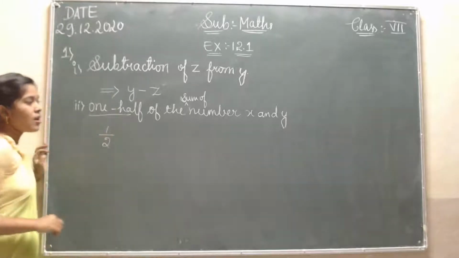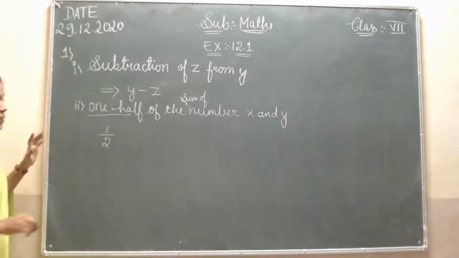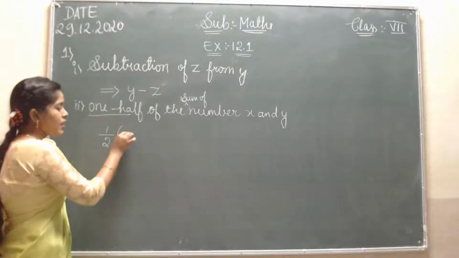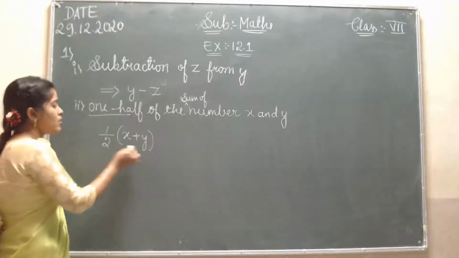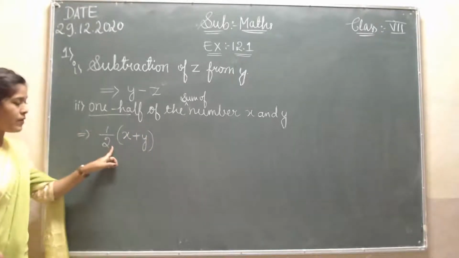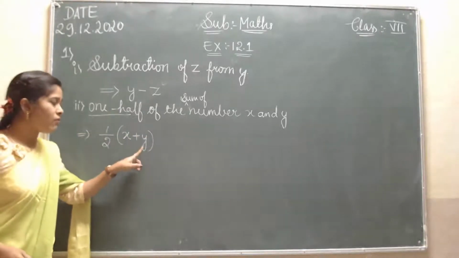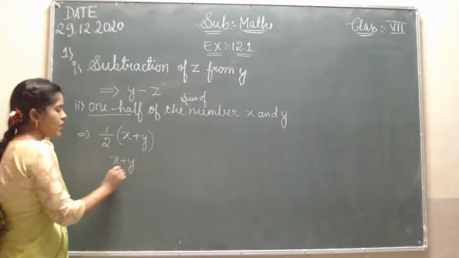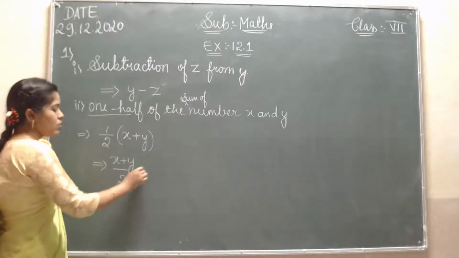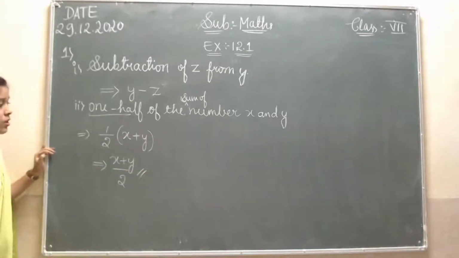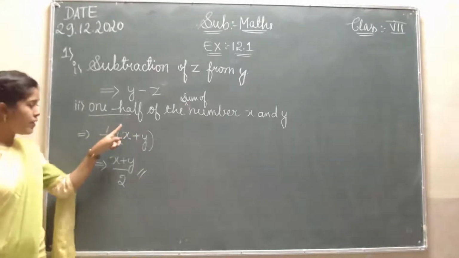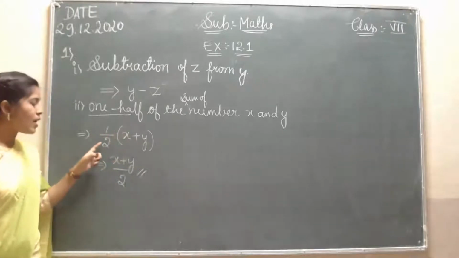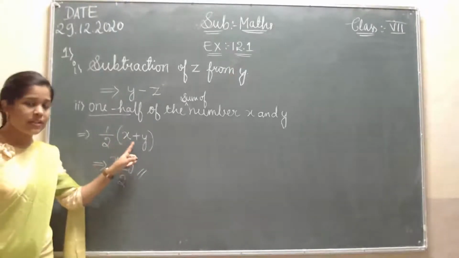This is one half of the sum of x and y. So here you can write it as 1 into x plus y, which is x plus y divided by 2. This is how you can write it. So one half of the sum x plus y means 1 by 2 into x plus y is the expression here.